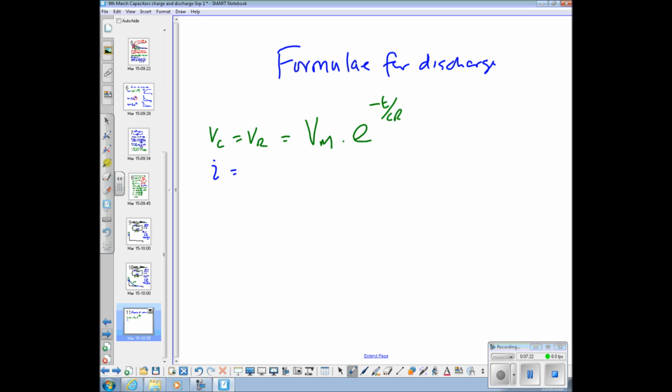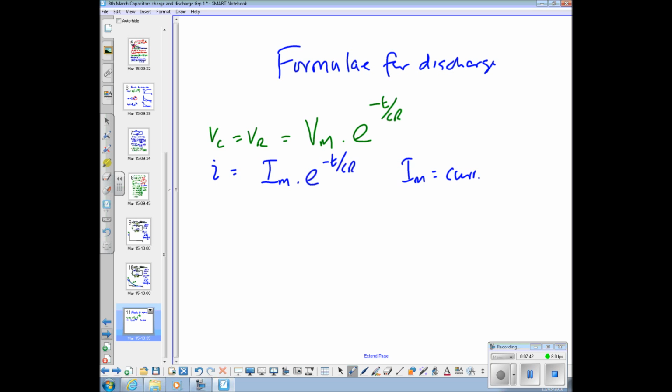And I is equal to Im, which is the maximum current that will flow at the time t equals 0, times e to the minus t over CR.